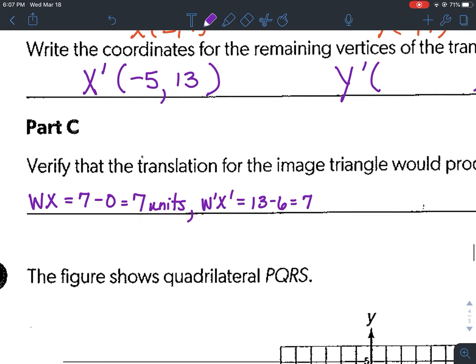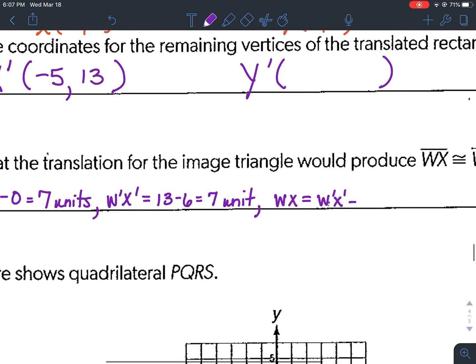So, since WX is 7 units and W prime X prime is 7 units, we can state that the length of WX equals the length of W prime X prime, which equals 7 units.